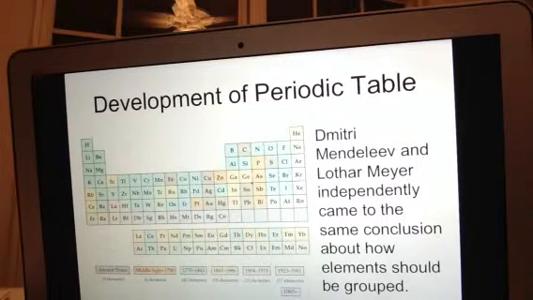So in terms of development of the periodic table, we give credit to Mendeleev for coming up with a periodic table, or arranging the periodic table in a specific way. Now, we know that the periodic nature of the periodic table comes from repeating patterns.